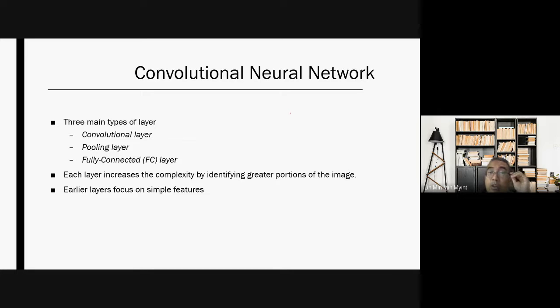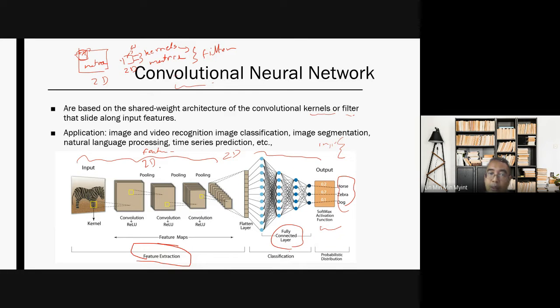Normally for the convolutional neural network, the first part, or what we call the lower layer, the beginning, uses two types of layer. The first one is a convolutional layer, which also uses an activation function.